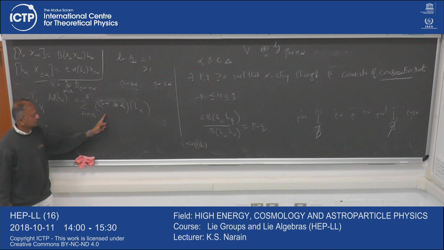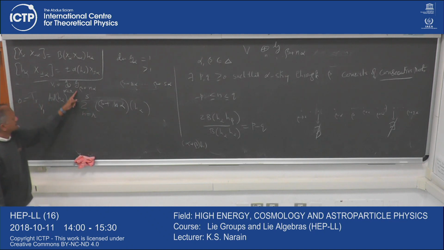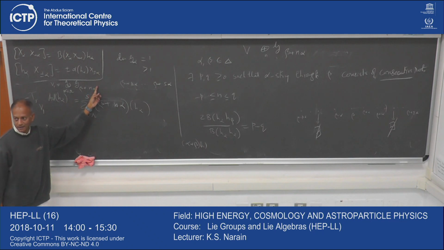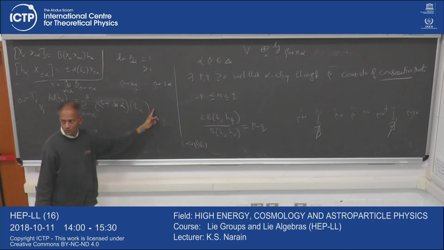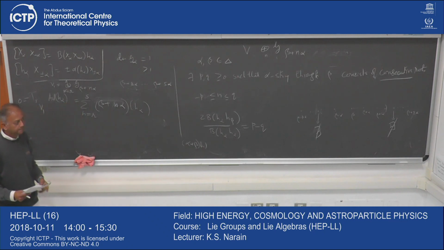Since we already know the dimension of each is 1, there is no extra dimension factor. I'm taking beta different from alpha.